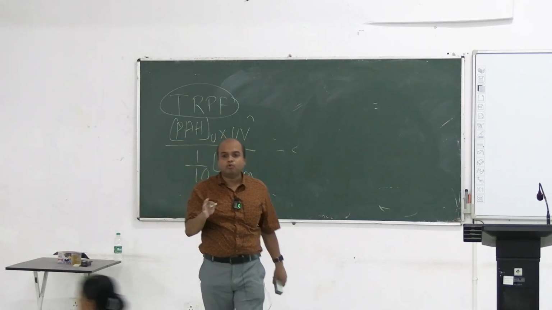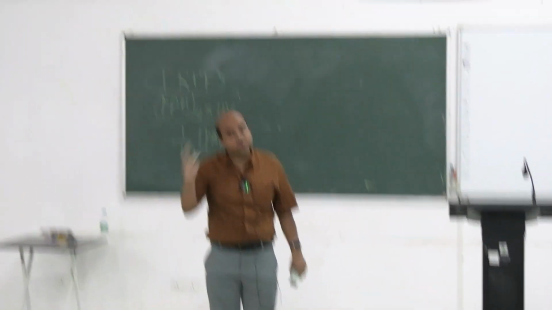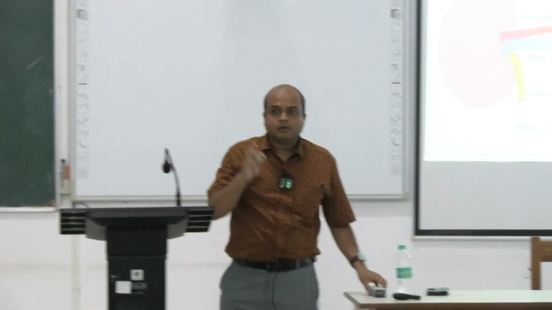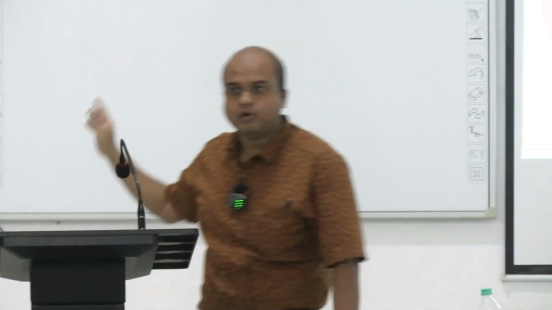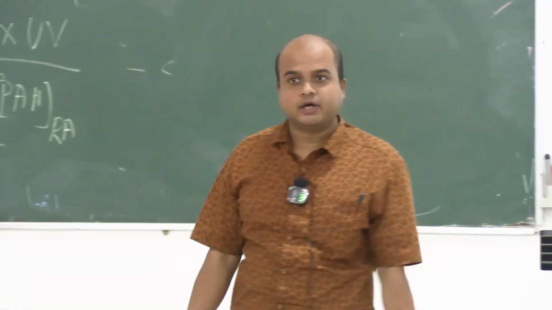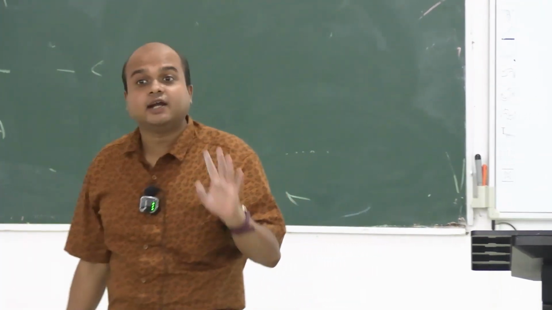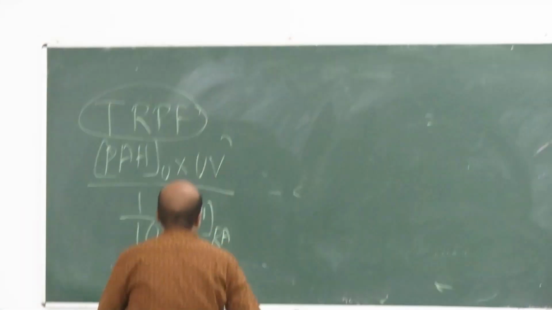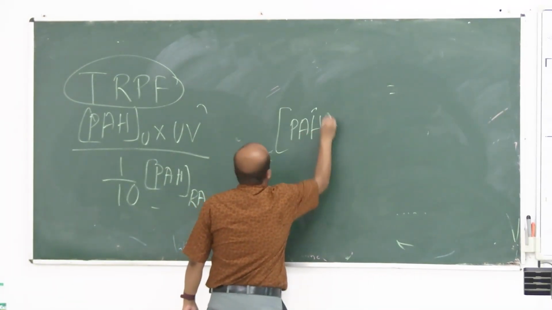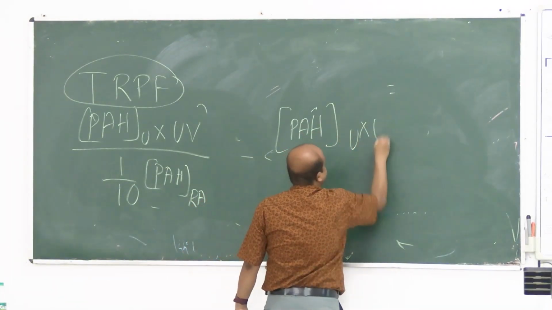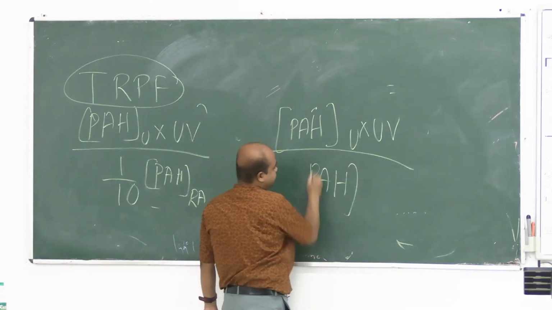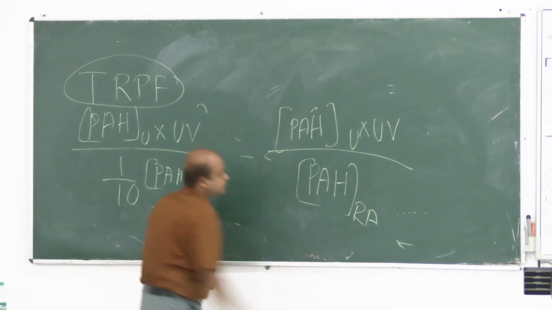Why are we calling it true? Because actually 10% goes out through the renal vein, right? So this is the true renal plasma flow. But if we ignore that 10%, then the equation becomes this.